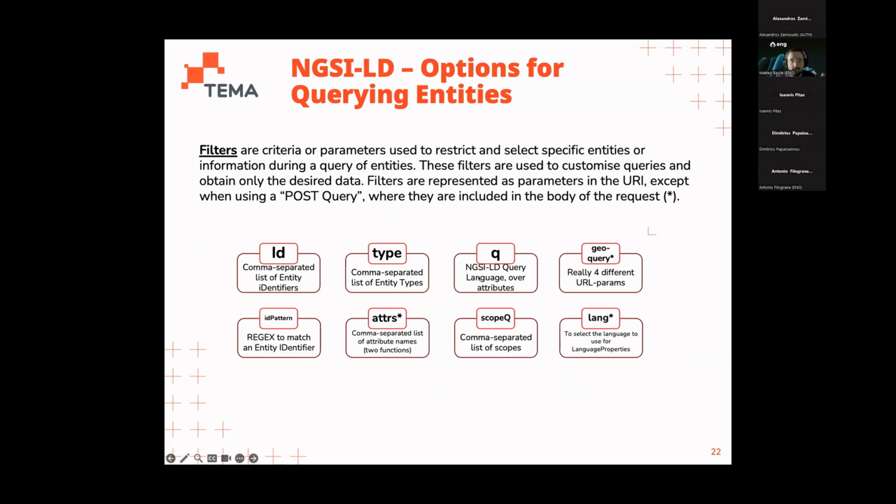We can say, okay, get me the entities that have the attribute temperature, and the attribute temperature must be greater than, I don't know, 20. In this case, the NGSI-LD context broker will return to you only the entities with a temperature greater than 20. We can also use GeoQuery on the NGSI-LD context broker, and there are also different other filter methods that we have by using the NGSI-LD context broker API.